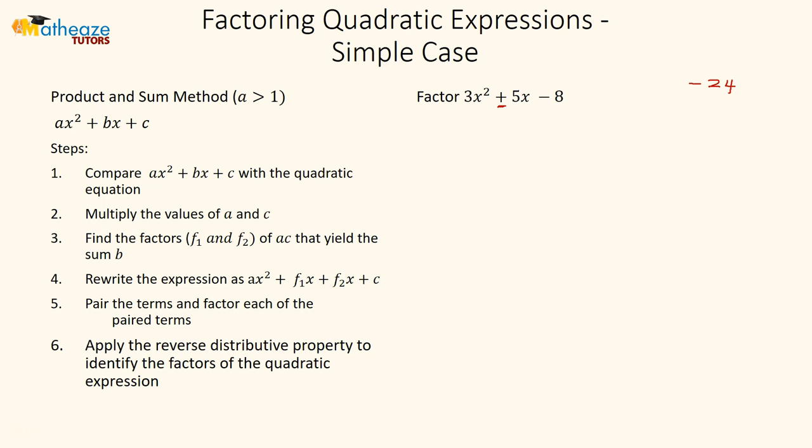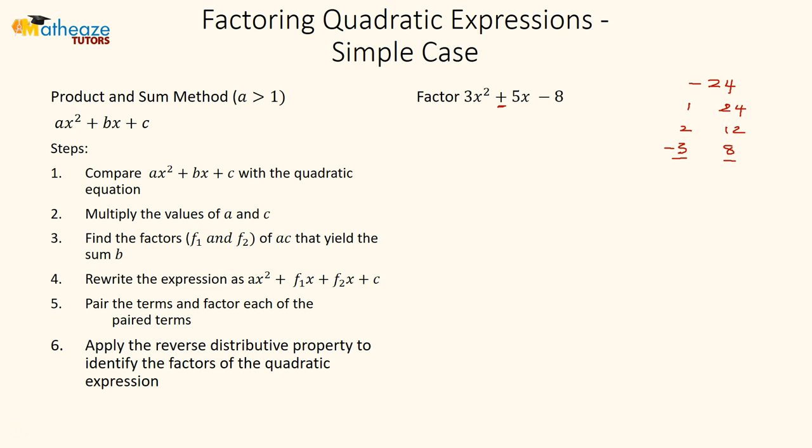So we have 1, 24, 2, 12, 3, 8. We already see that 3 and 8 have some form of a relationship that leads us to a 5. And because it's positive, we're going to put the negative on 3.